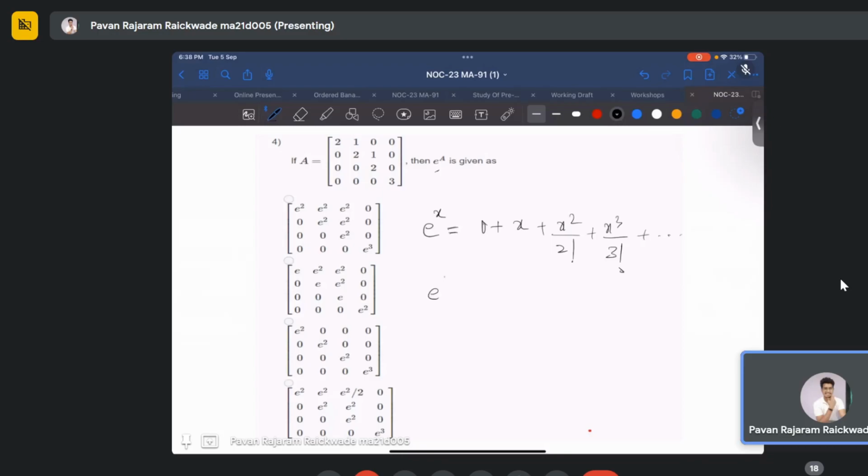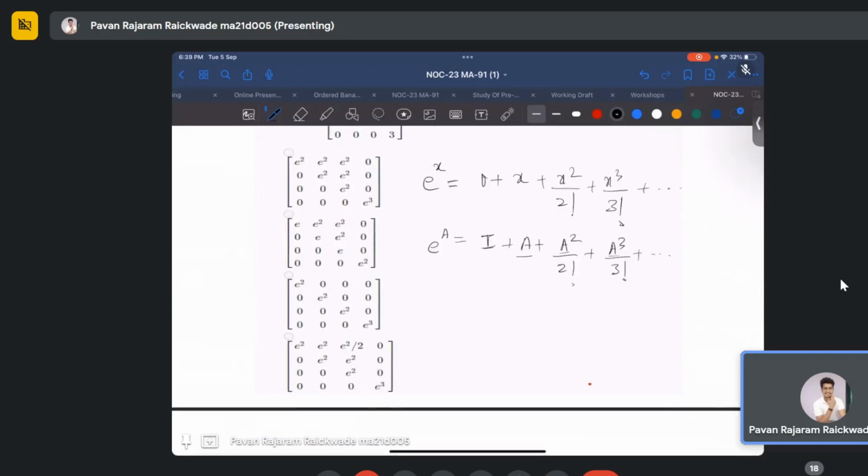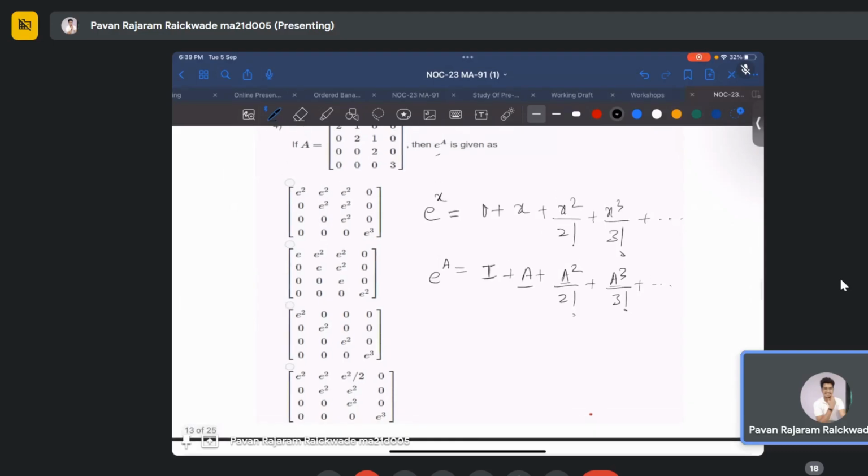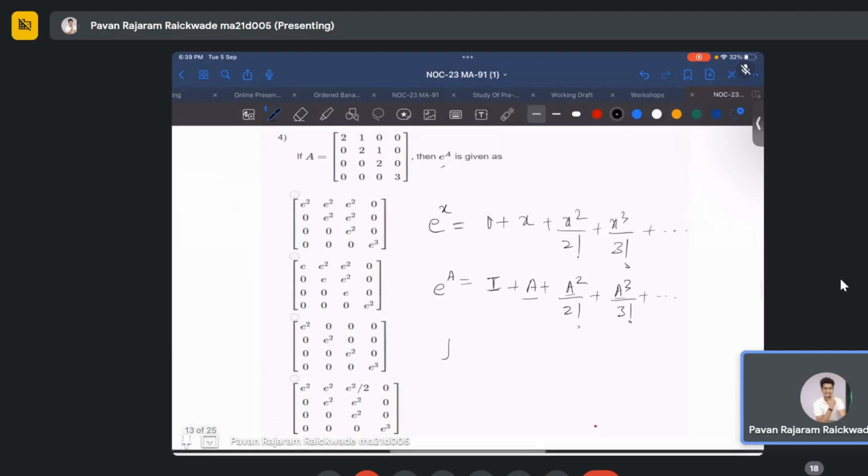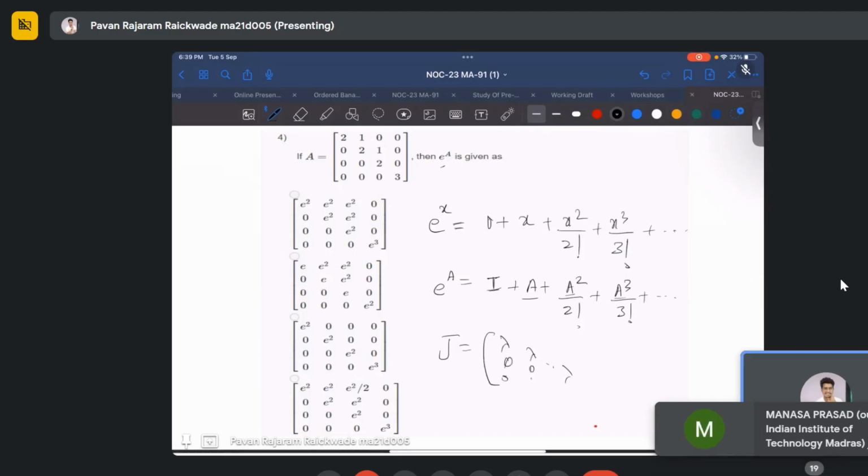When I do a matrix, I put it as it is, but in place of 1, I get the identity, then I get A, then I get A squared by 2 factorial, and so on. So I just have to see the pattern in these A squares. If I have a Jordan block with lambda on the diagonal, let's just see for 3 cross 3 what's happening.